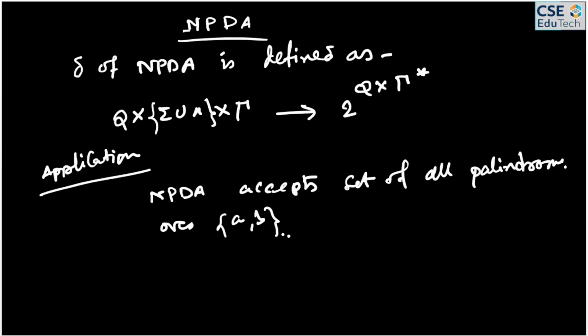An example of this non-deterministic pushdown automata we can give in terms of the transition function.